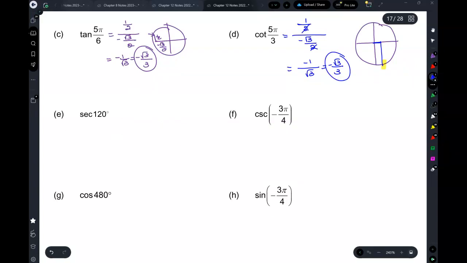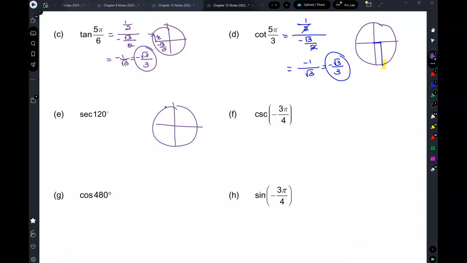Secant of 120. What quadrant is 120 in? It's in quadrant 2. So what's the higher value, the horizontal or the vertical to get to that point? Okay, so now it's either one or the other. So you have to decide on one. So to get to 120, is it vertical is higher?